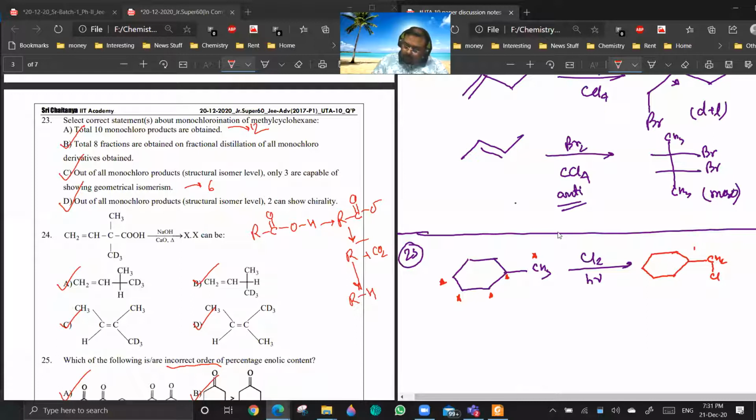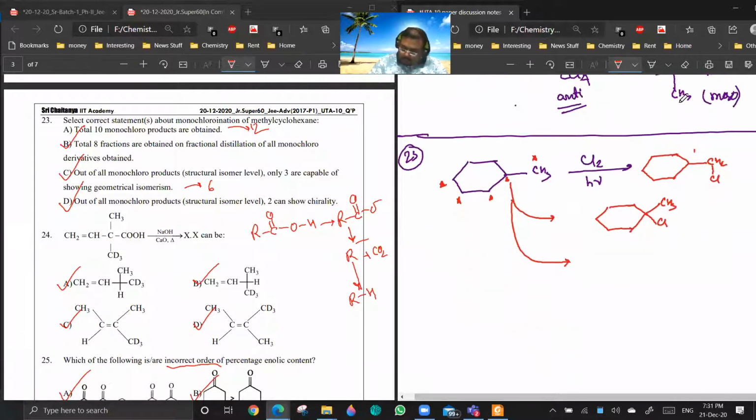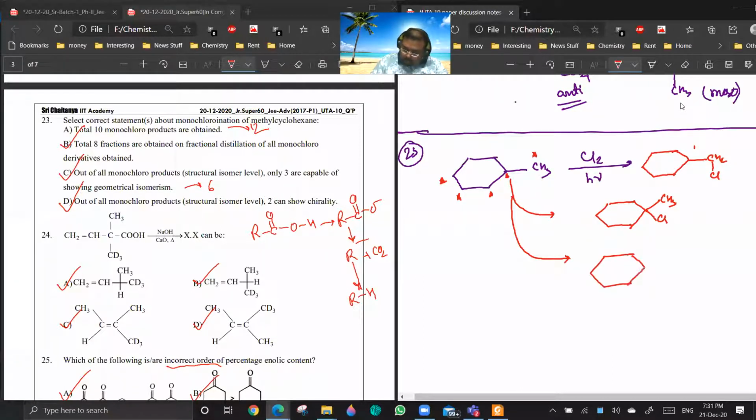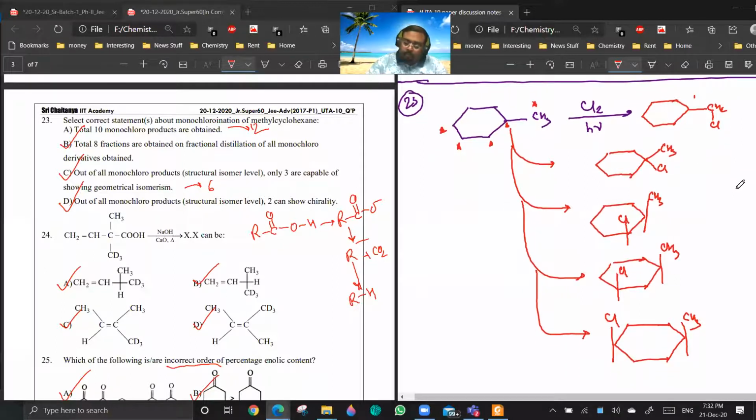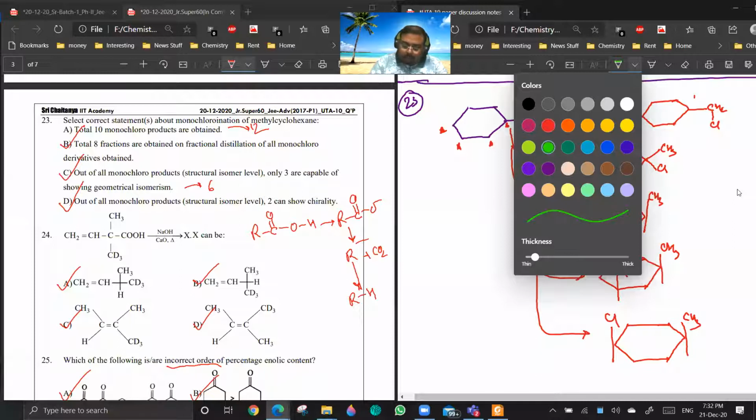Okay. These are the options. Yes or no? Yes, sir. Now let us start evaluating the stereoisomers.